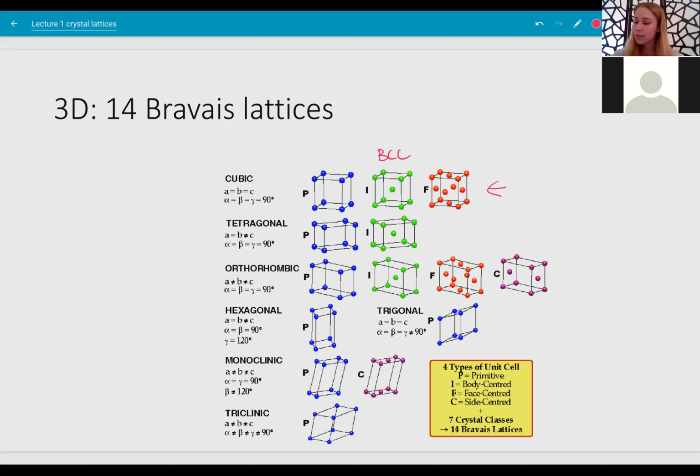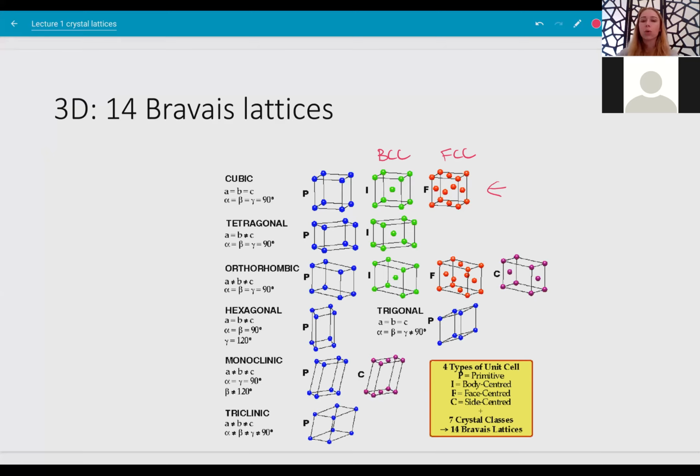This same statement also applies for face-centered cubic, which is called FCC. And here you have a lattice site or an atom at the center of every face. There are 6 faces on a cube, and each of those face atoms is shared among 2 adjacent cells.